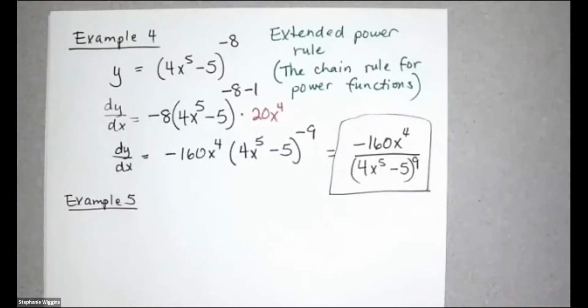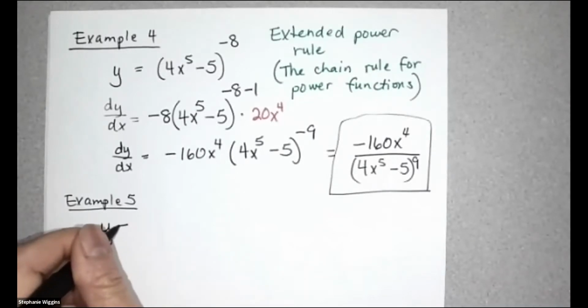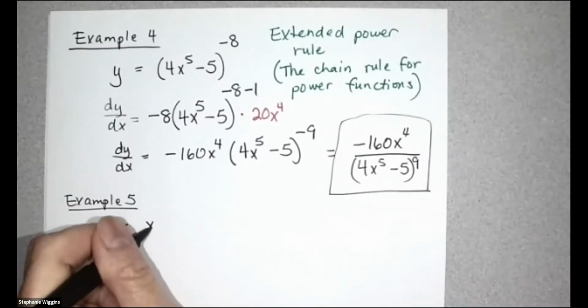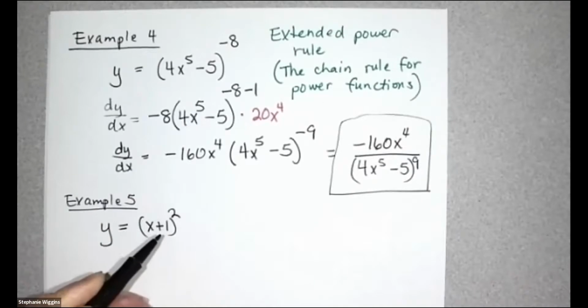This next problem is a little more involved because you have the added complexity of using the product rule. Okay, so we have the product of two power functions, which are in turn composition functions. So the first function is x plus 1 squared, which is a composition of the square function with x plus 1.